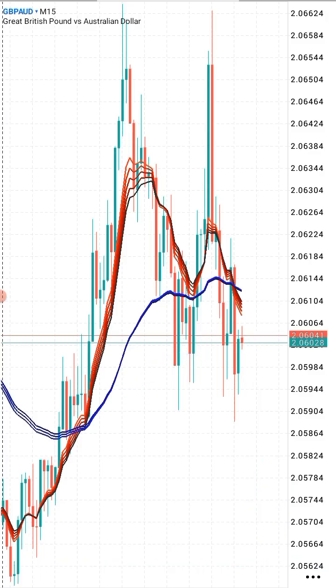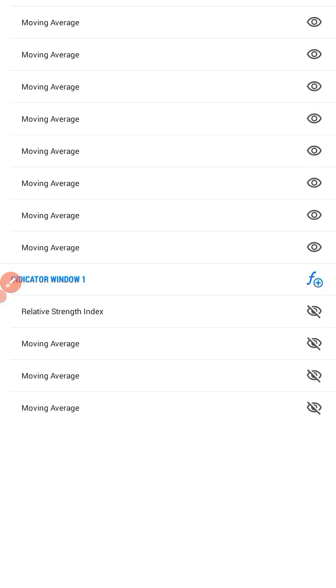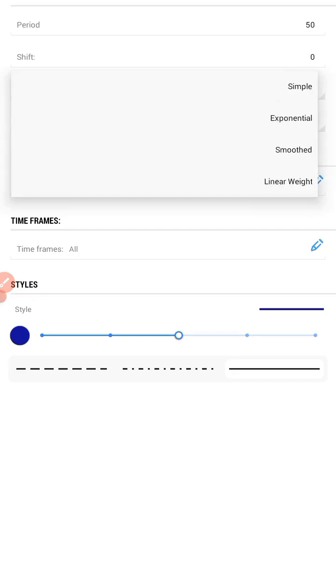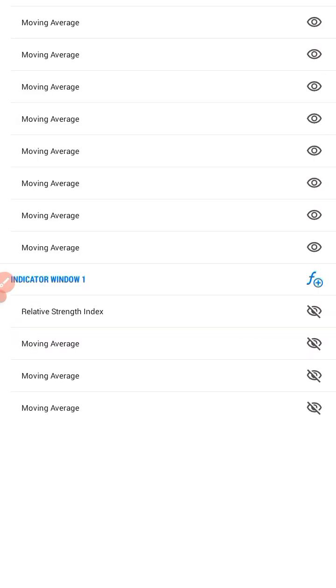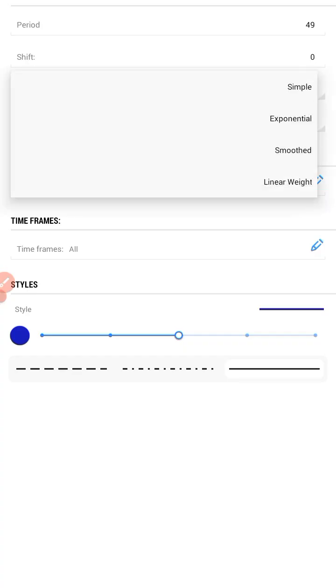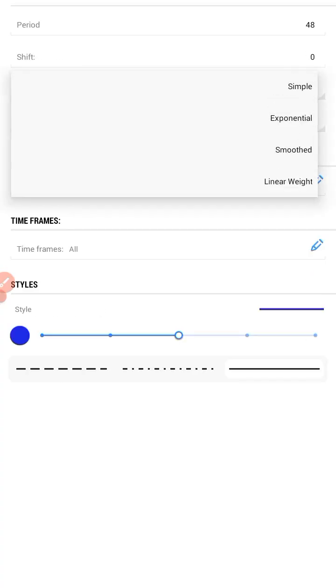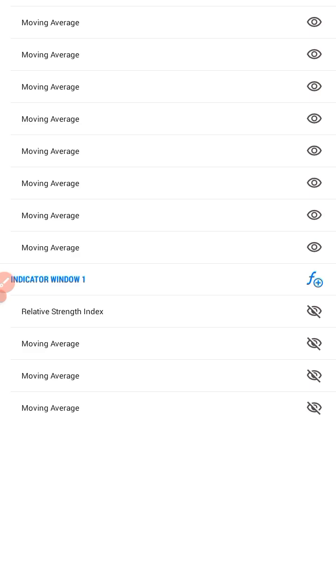Now, I am going to change this because most times we miss this: instead of exponential, we use linear weighted, because institutions use the volume weighted moving average in order for them to trade.